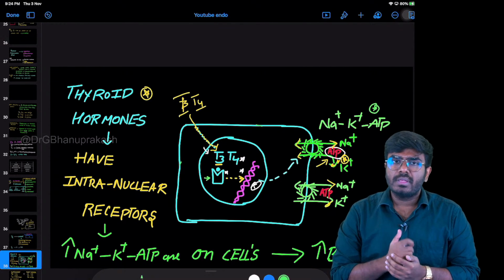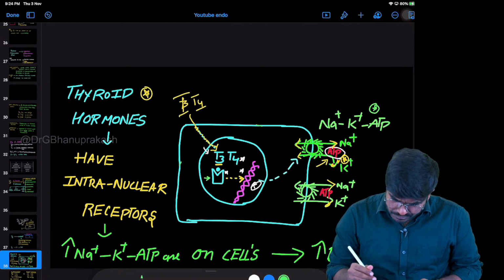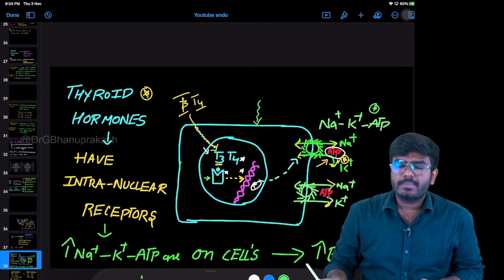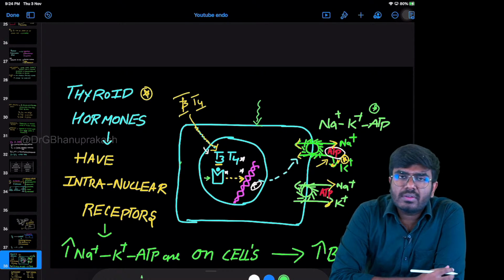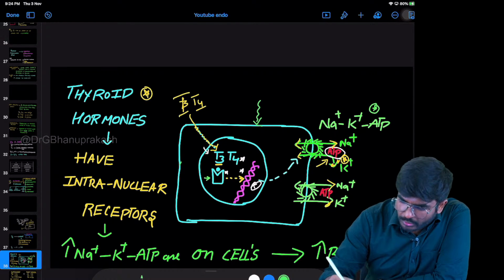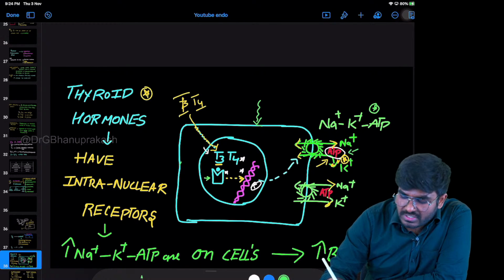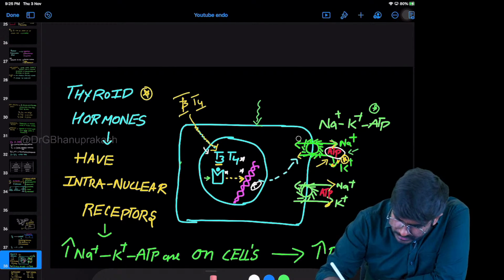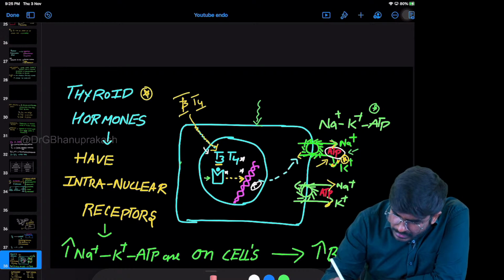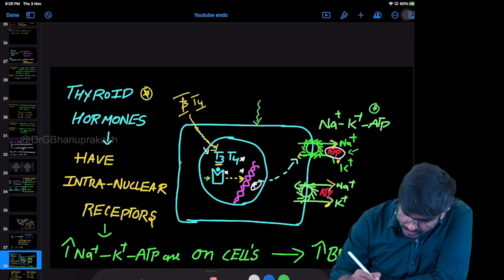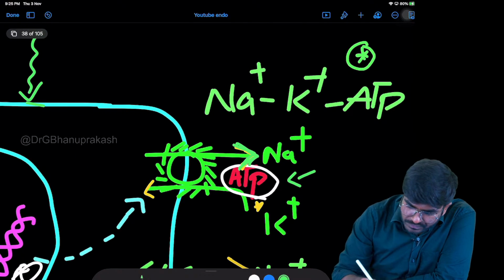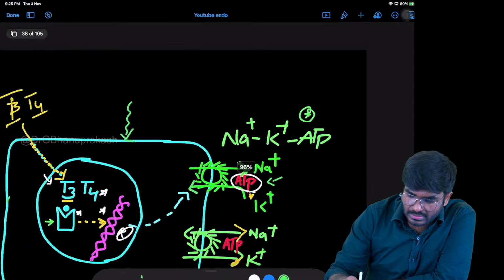Why, sir? Why? To understand this, see, I am just showing you one body cell. Any body cell you can take. Normally on the surface of body cells, which transporters are present? Every student knows there is a transporter which will take the sodium out of the cell and bring the potassium into the cell with the help of ATP.